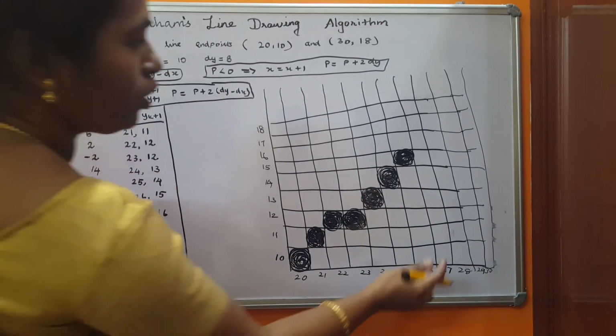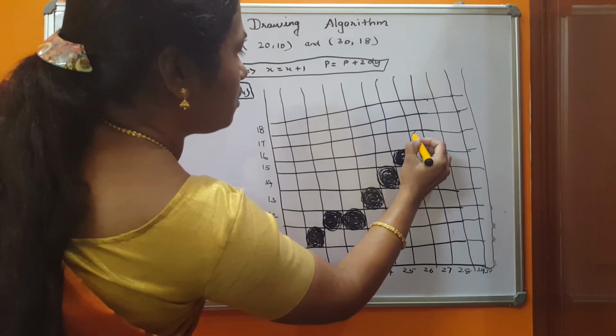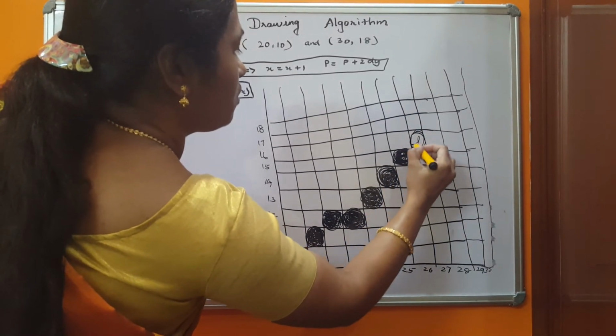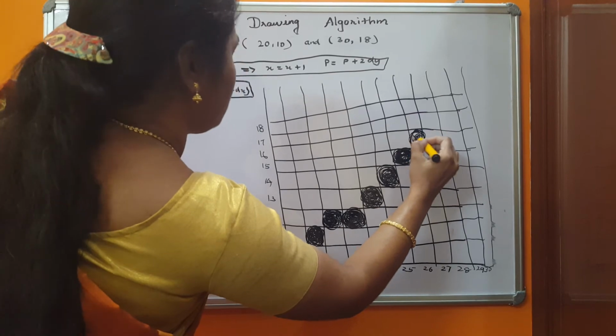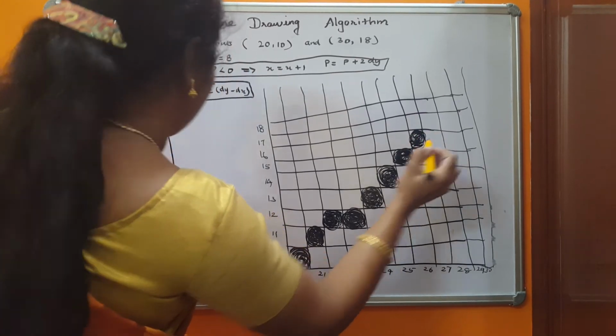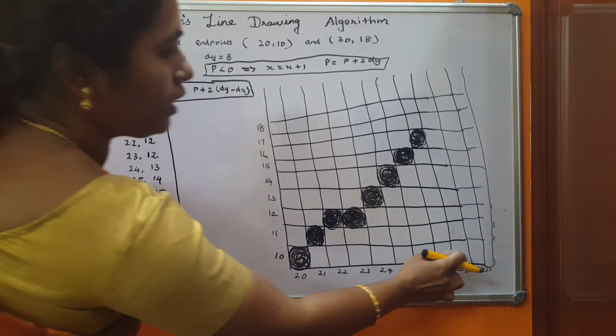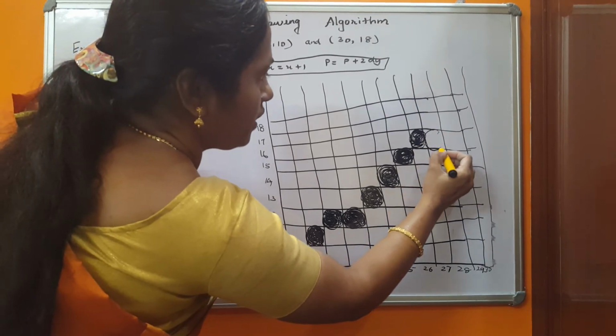Next point is 27, 16. Next point is 28, 16. So plotted here.